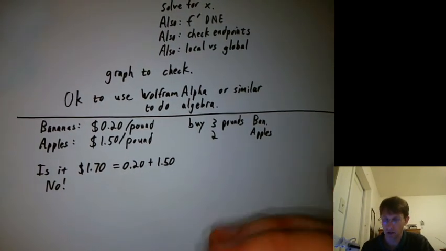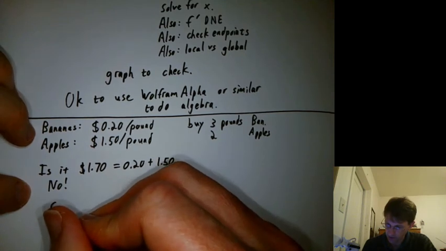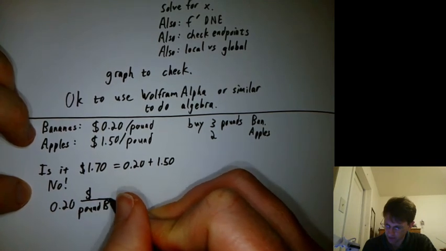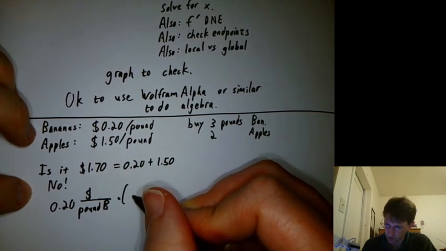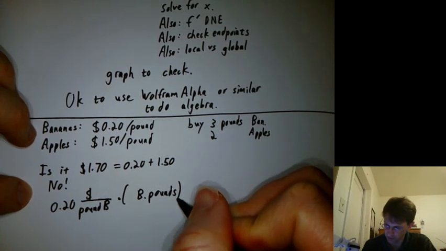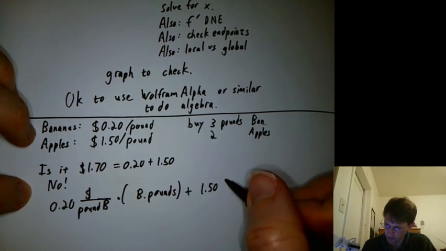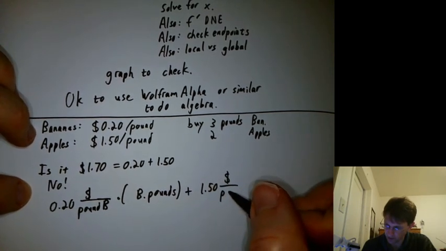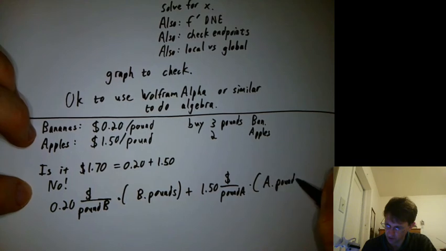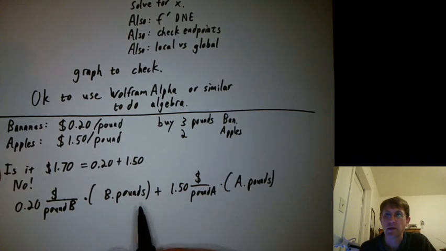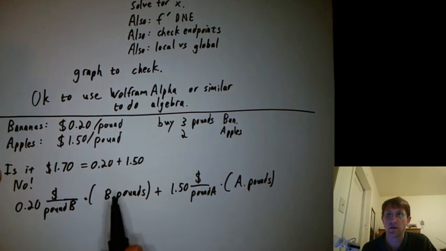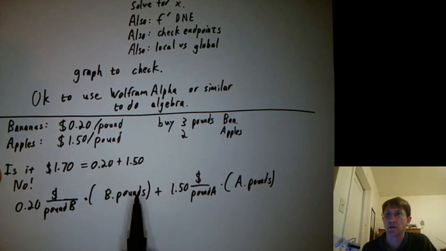What you have to do, and you're probably not surprised by this, is you'd have to say 20 cents per pound of bananas times how many pounds of bananas, plus $1.50 per pound of apples times how many pounds of apples you're buying. So basic accounting, but it's something that's easy to forget in the rush of all the other math that's going on. So price per unit times number of units, let's keep that in mind.